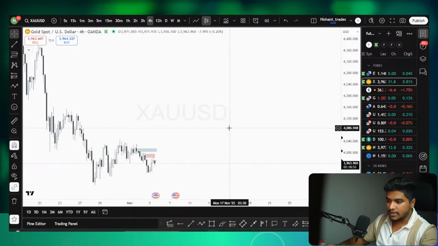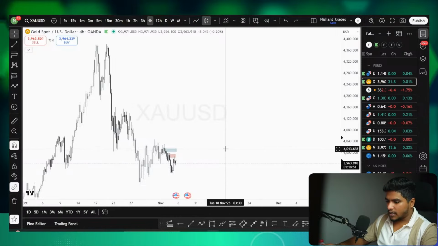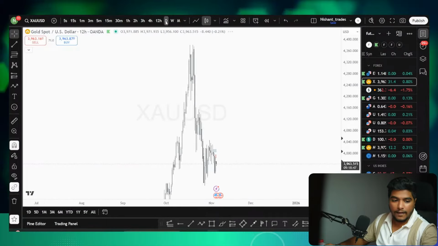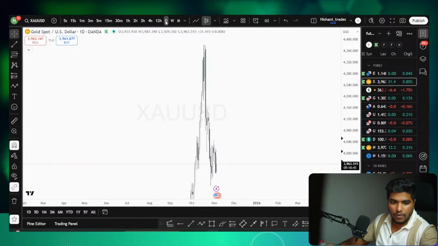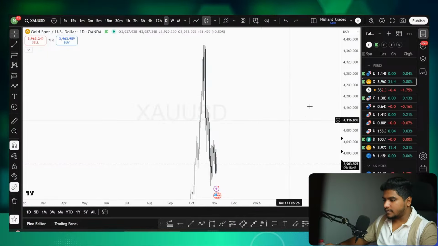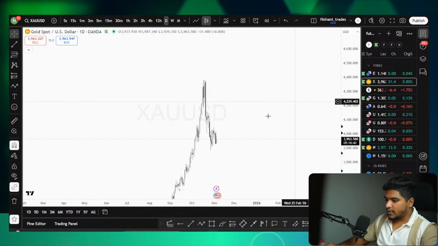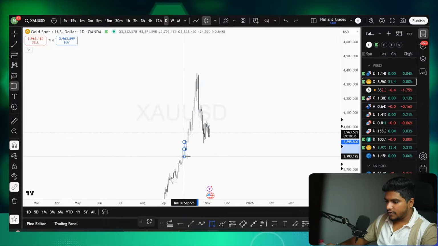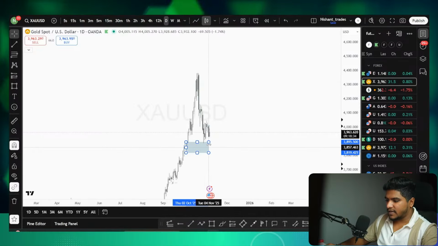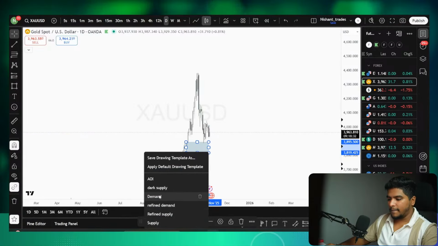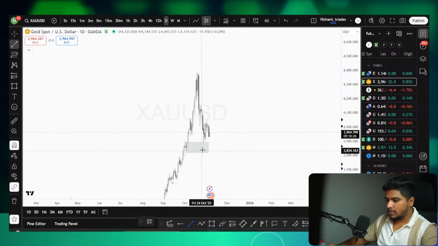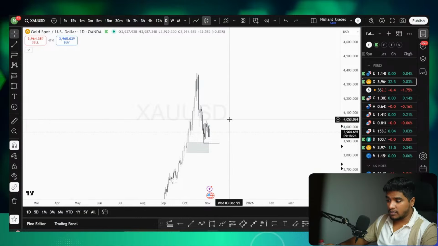Gold looks interesting to me because in gold, I am planning shorts right now. If we see in higher time frame what gold is exactly trying to do, it tried to take support from this demand area that we discussed, right? From here we expected there is a fair chance that prices might hold or take some sort of support, but right now it doesn't look that solid.